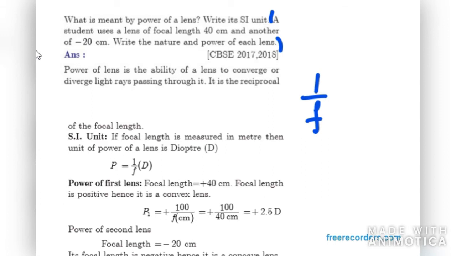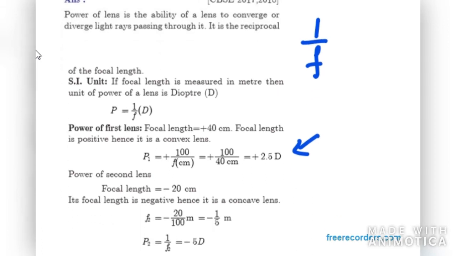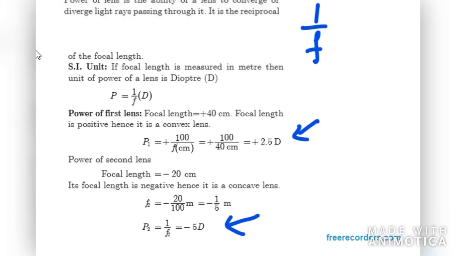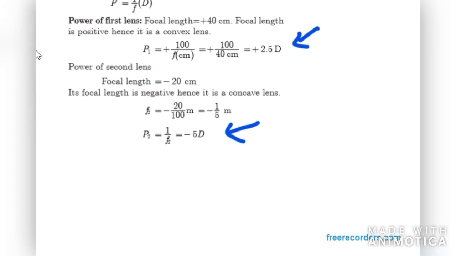So the first one, if the focal length is positive, that means it is a convex lens. And we get the power, and see on your screen, it is plus 2.5 diopter. For the second one, as the focal length is minus 20 centimeter, that means it is a concave lens. So in this case, the power will be minus 5 diopter. So that's all for this part. Moving on to next.